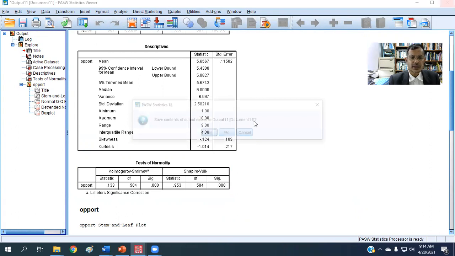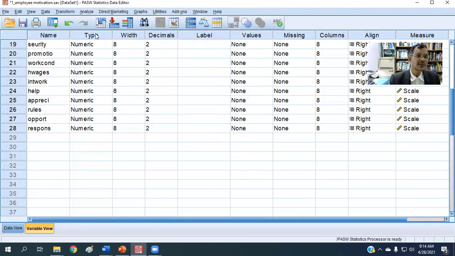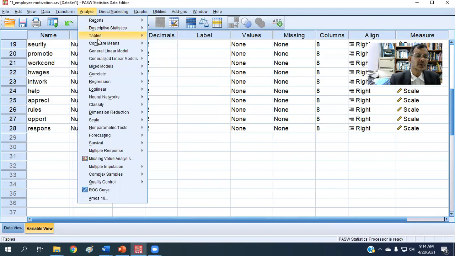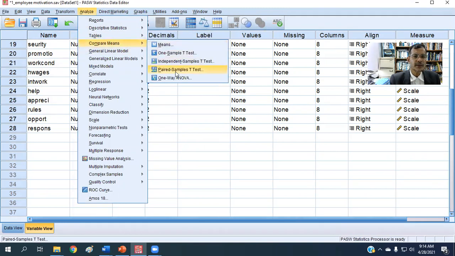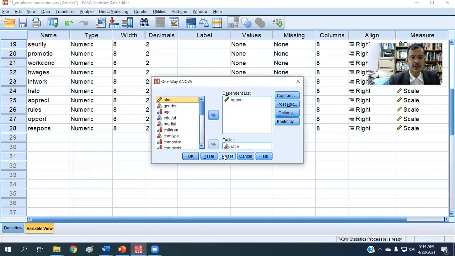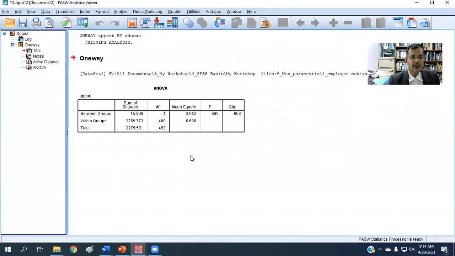In case we go on to perform one-way analysis of variance, let us see what the result is. Compare Means, One-Way ANOVA, Reset, opportunity, and for the categorical variable where the levels will be more than 2, I will consider educational qualification as a factor, and then click OK.